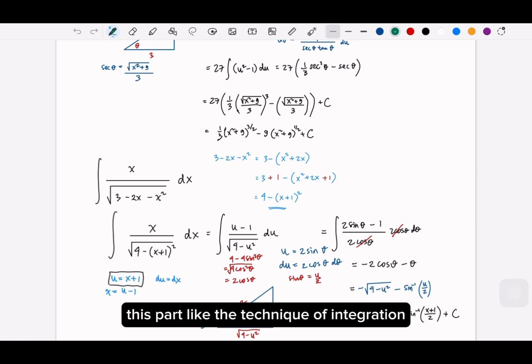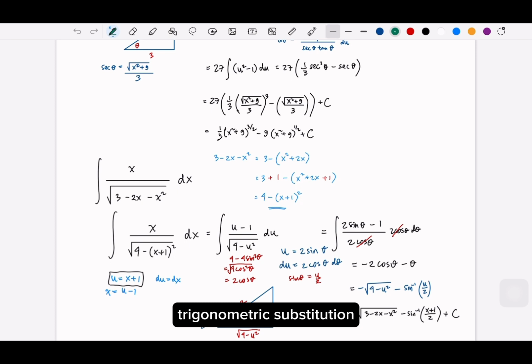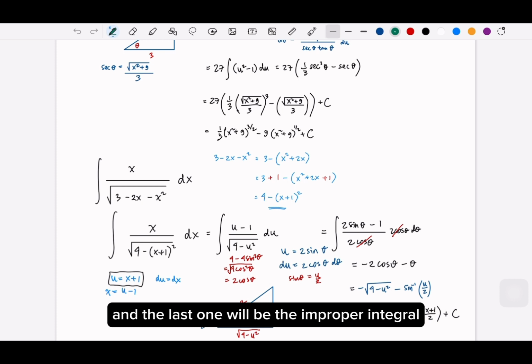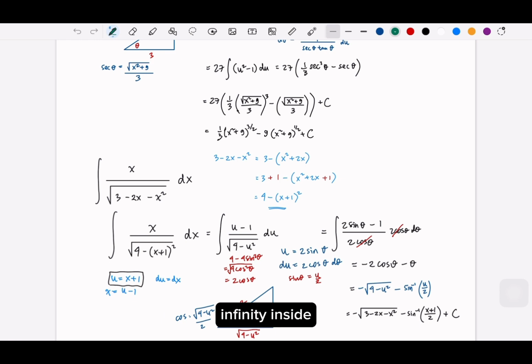This part, the techniques of integration, is the last part in our sections. It contains all the techniques you need, including integration by parts and trigonometric substitution. After this, we have partial fractions. And the last one will be the improper integral, so we can integrate something that has infinity inside.